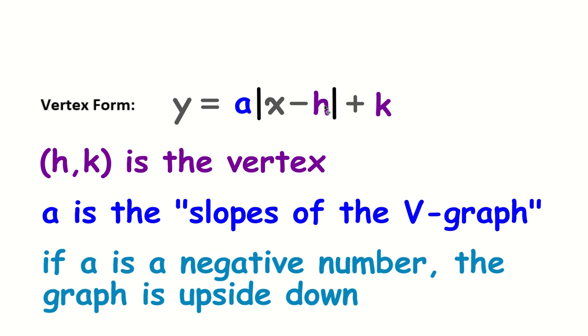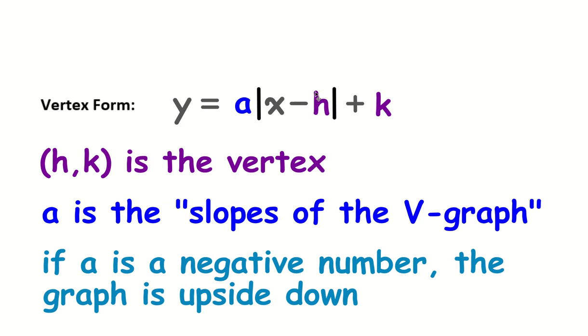If h was a -2, that would make this overall x plus 2, because it would say x minus a -2. So overall, this would be x plus 2, which makes it move to the left.